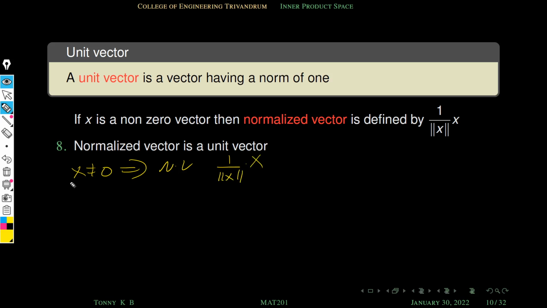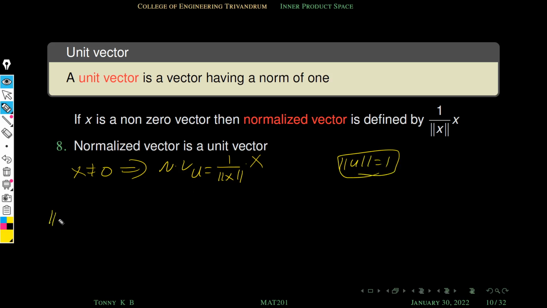So corresponding to this non-zero vector, we can define a normalized vector, and we have to show that this new vector is a unit vector. Let it be u. How to prove this is a unit vector? You simply show that norm u equals 1. If norm u equals 1, then you can say that u is a unit vector.